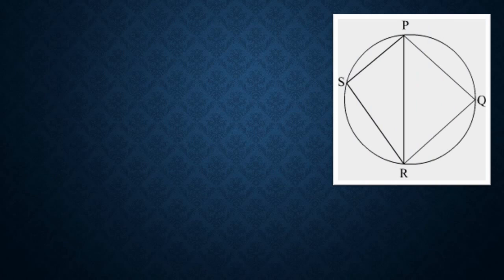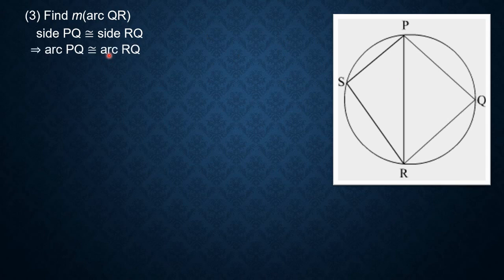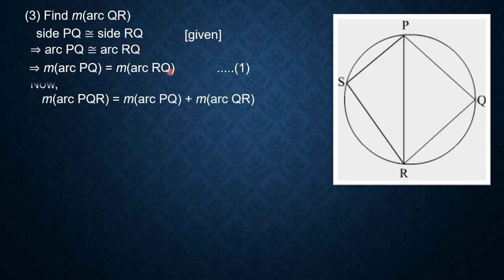The third part of the question is to find the measure of arc QR. Side PQ is congruent to side RQ, that is given in the question. So arc PQ is congruent to arc RQ. Next, measure of arc PQ is equal to measure of arc RQ, as if two arcs are congruent, their measures will also be equal.